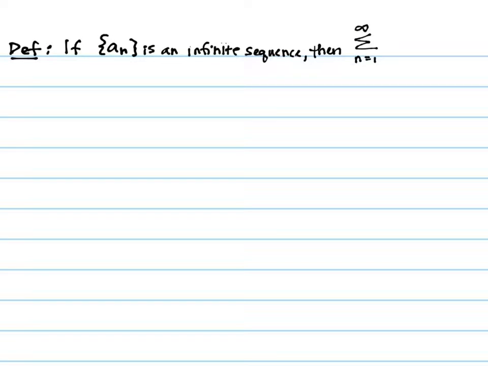So if a sub n is an infinite sequence, then the summation from n equals 1 to infinity of a sub n would be a1 plus a2 plus a3.